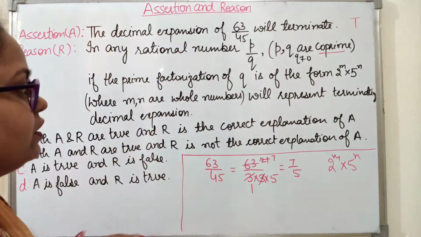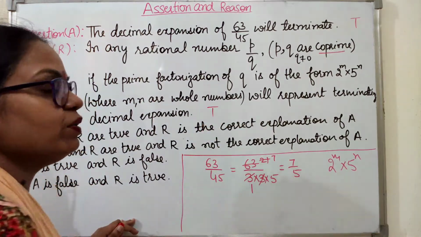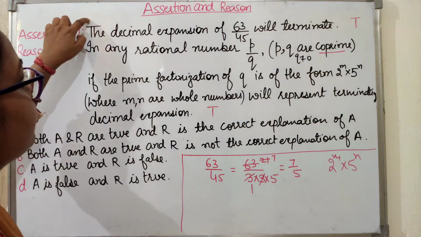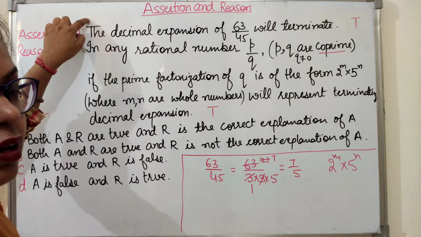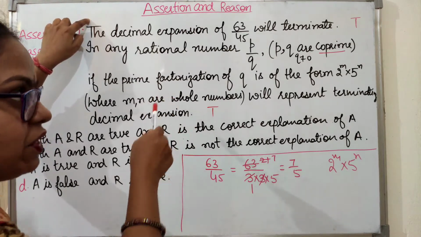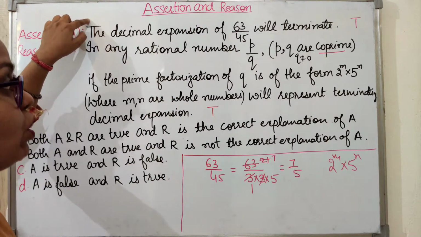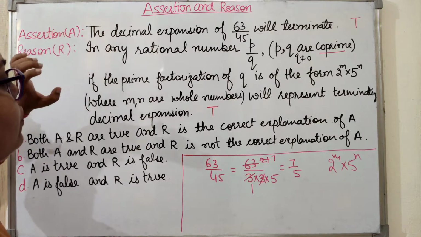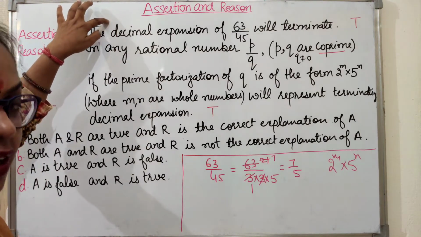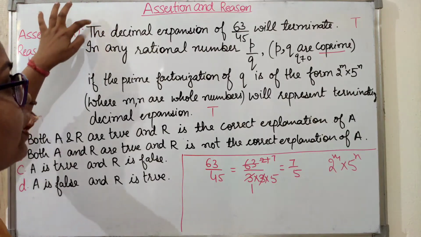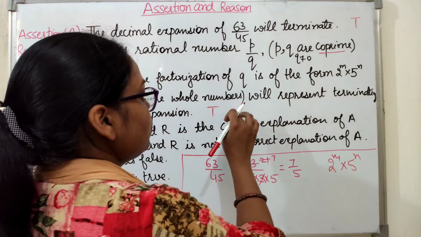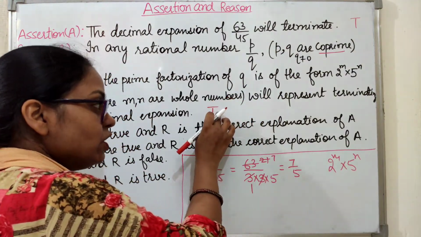So the assertion has come out to be true, and this is the correct explanation of it, because we used it to find out the decimal expansion. So assertion is true and reason is also true.